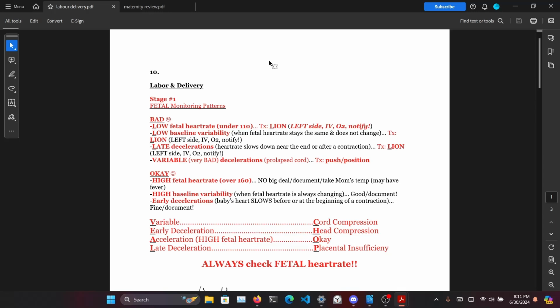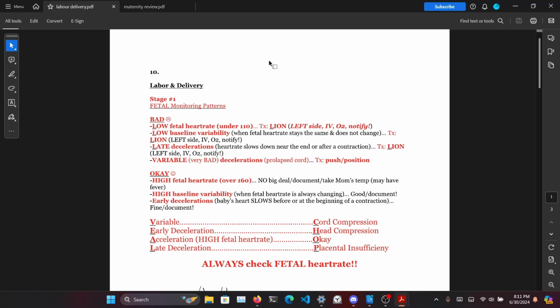Okay, so what are the bad things you will have to notice? First is variability. If the fetal heart rate fluctuates too much, that is concerning. It could also be absent or undetected, which means the fetus is not doing too well, right?